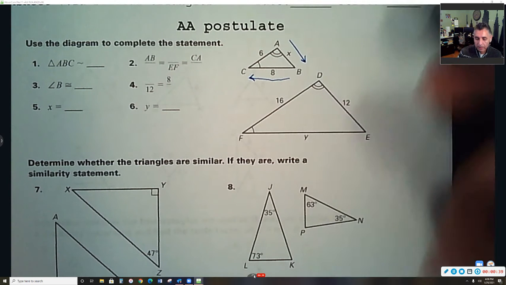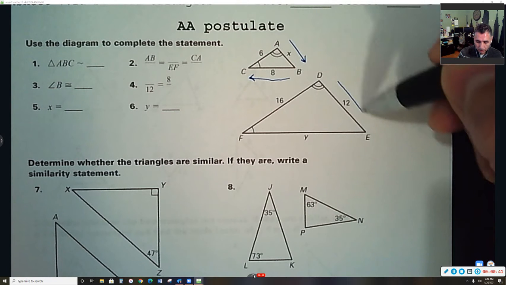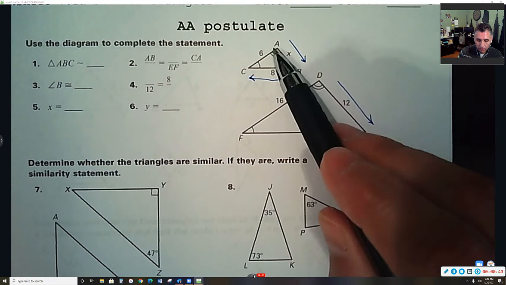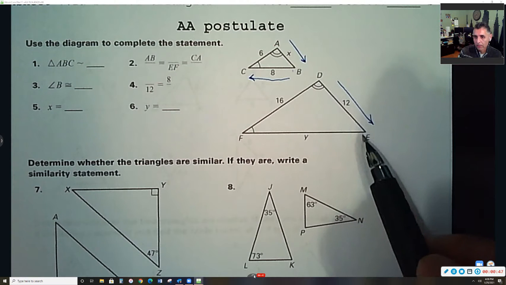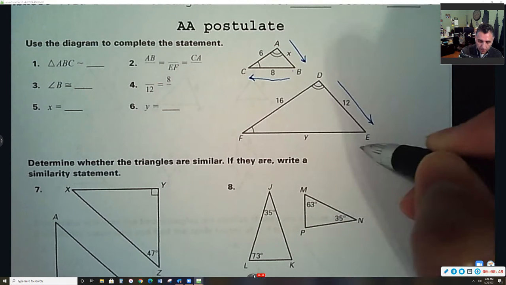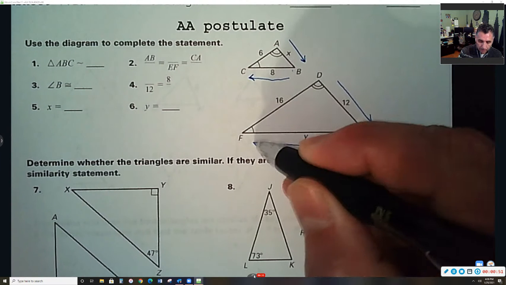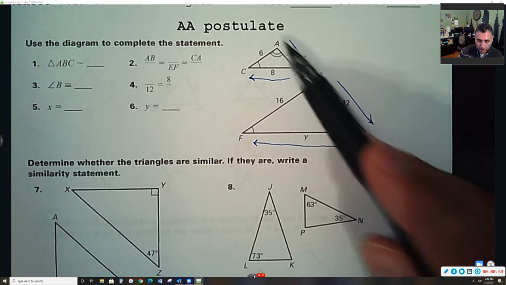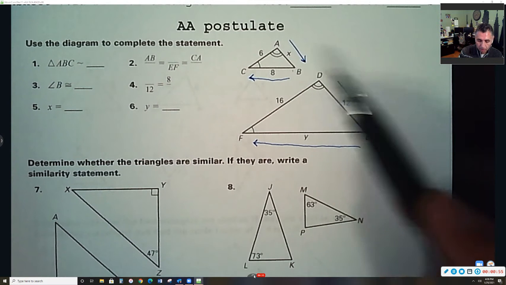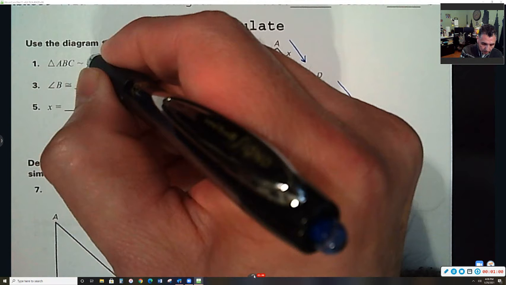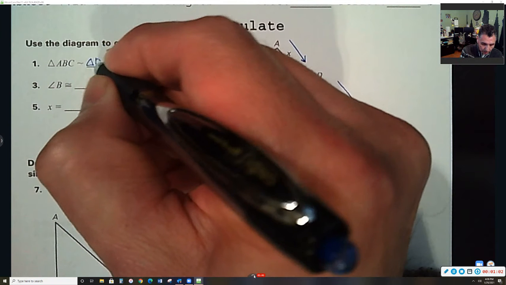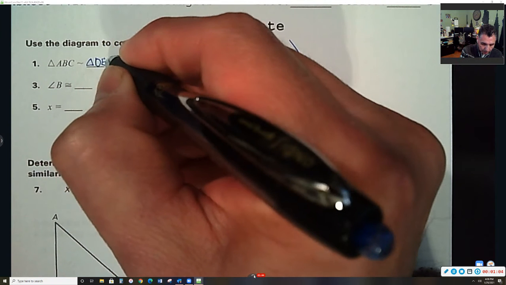Well, this angle D has 2 marks. So we should think go towards this way because we go towards the angle that doesn't have anything. So 2 marks towards the angle that doesn't have anything. And then we go across this direction. So I know A, B, C, the corresponding angles are D, E, F. So triangle ABC is similar to DEF.